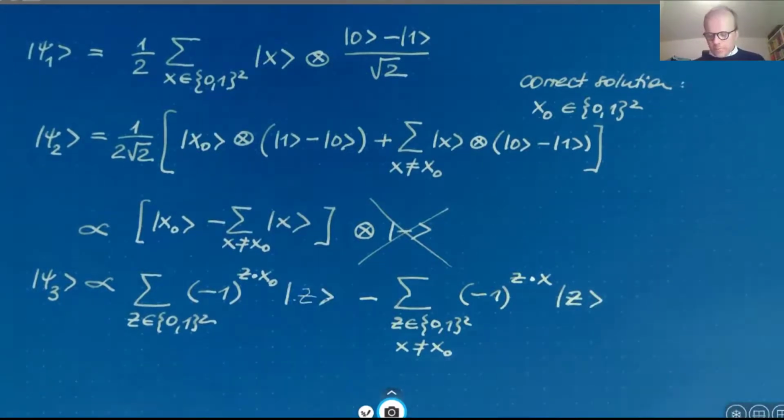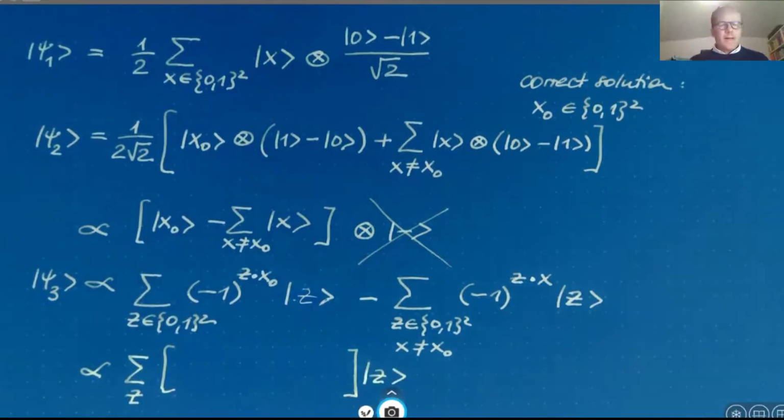And then we can take out the sum over z, and we can also take out the basis state z.